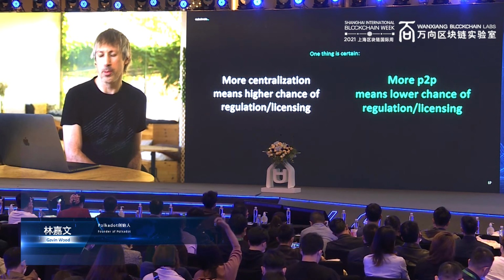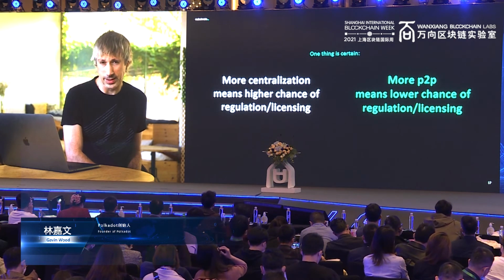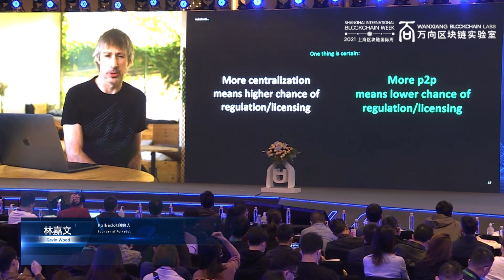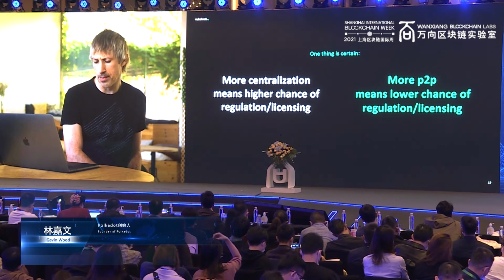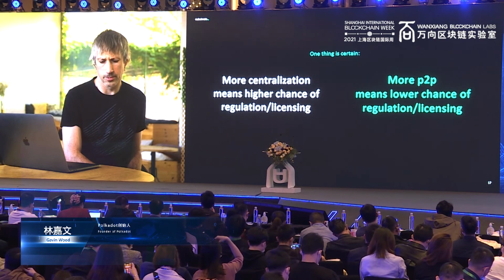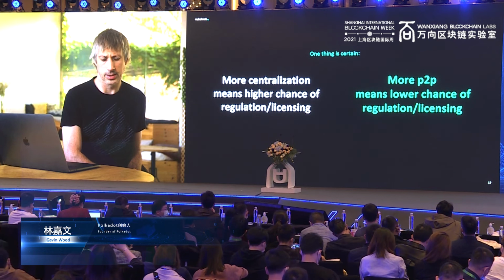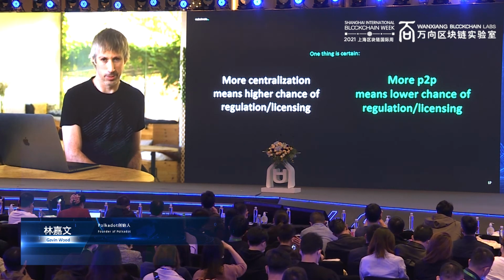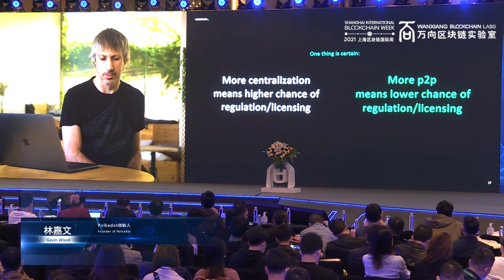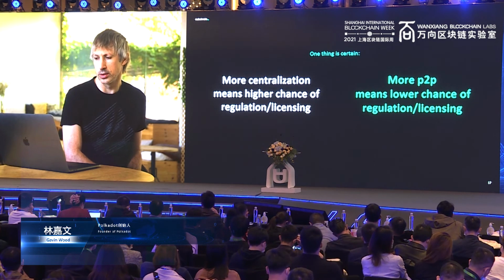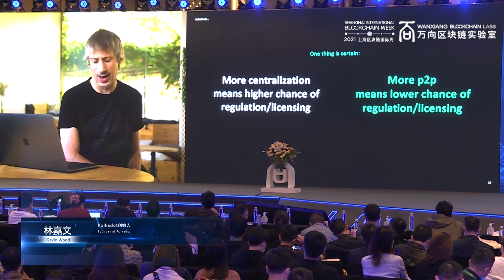Conversely, being more peer-to-peer, being truly decentralized, having fewer participants with elevated privileges, and a greater openness in terms of ensuring that any participant can join and get to the maximum level of privileges with a minimum level of permission is going to mean a lower chance of regulation and licensing.